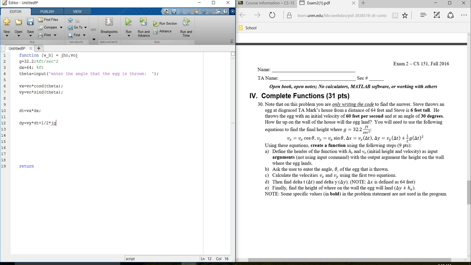We don't use a, we use g times dt. And finally find the height of where on the wall the egg will land. Delta y plus h naught.